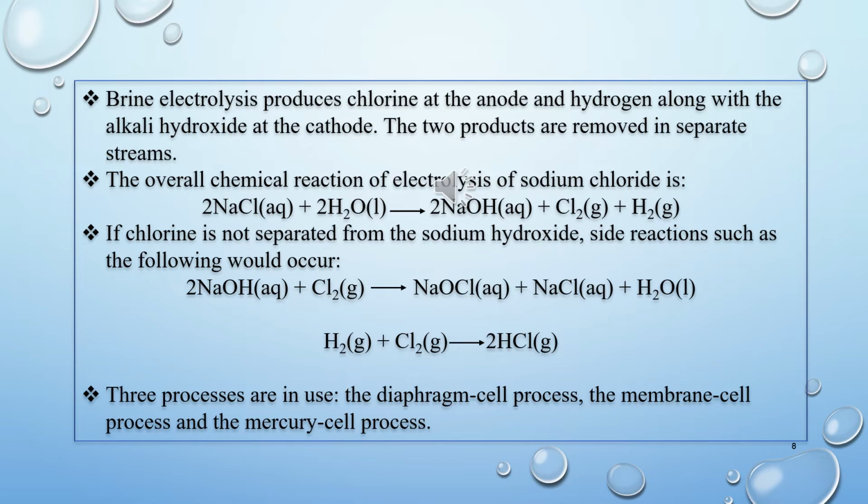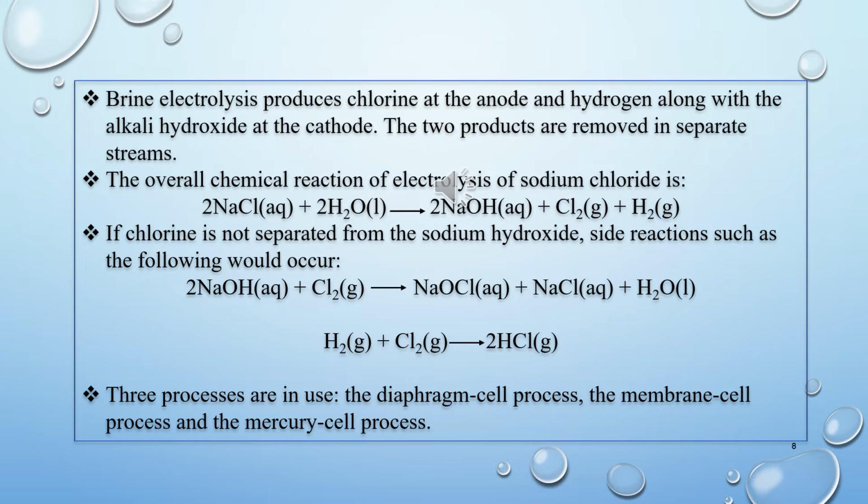Here, these chemicals need to be separated. If you do not remove chlorine, it will lead to a side product. What will be the side product? The point is, if chlorine is not separated from sodium hydroxide, side reactions such as the following would occur.